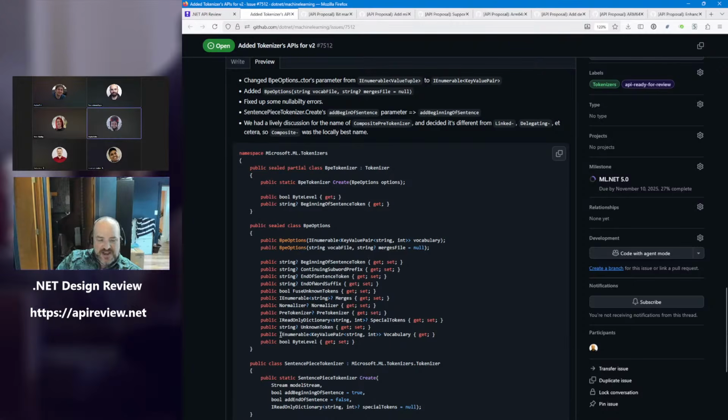So I assume this is returning this reference, and that this consumes the data and doesn't hold the reference. So changes after the BPE options constructor are relevant, but changes after the call to create are not. Right, that's the question. Yeah. So create drains the data. Options just holds the data.